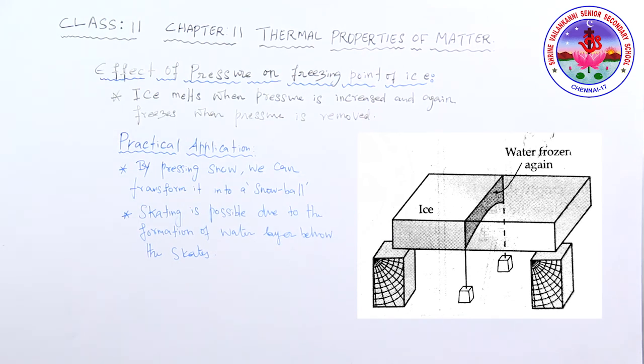When snow is pressed, its crystals melt, and as the pressure is released, the water freezes, forming a snowball. Another example is skating, which is possible due to the formation of a water layer below the skates. Water is formed due to the increase of pressure and it acts as a lubricant here.